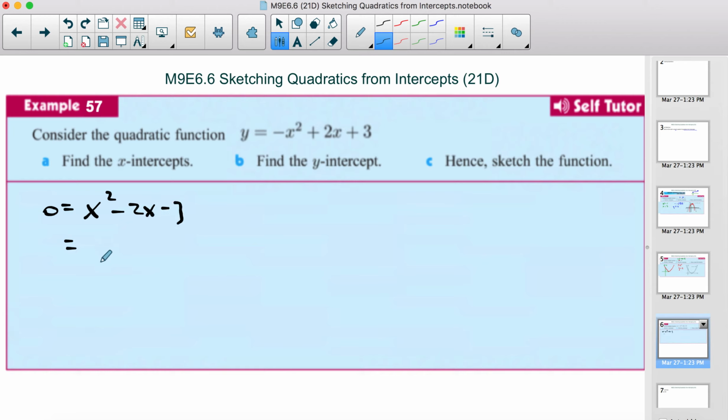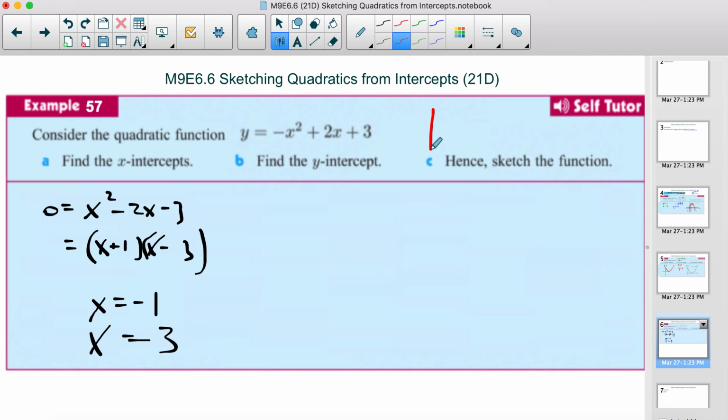And then when we factor it, it becomes, this time I got it, minus 3 and plus 1. So the intercepts are x is -1 and x is positive 3.